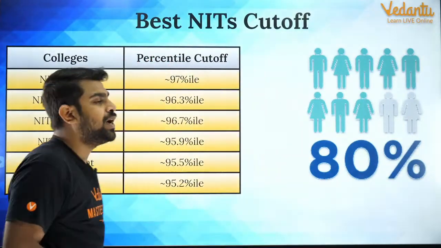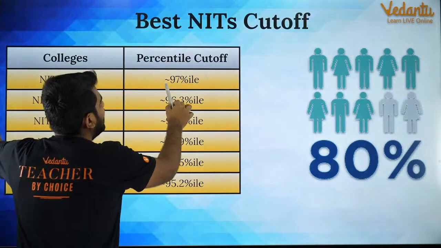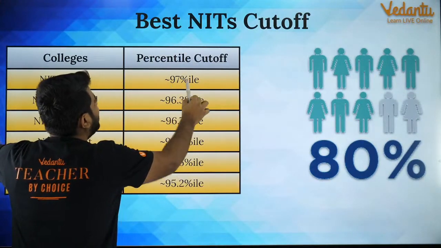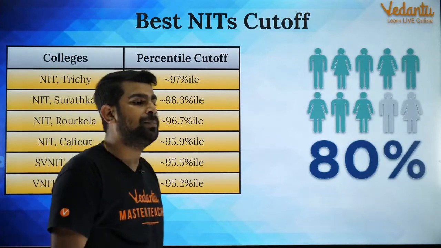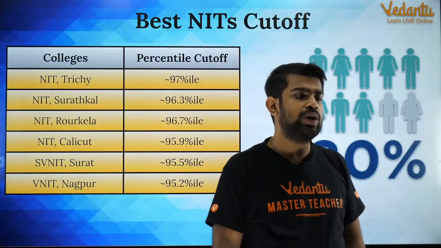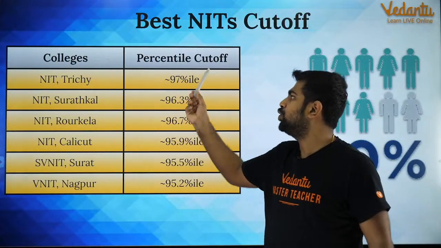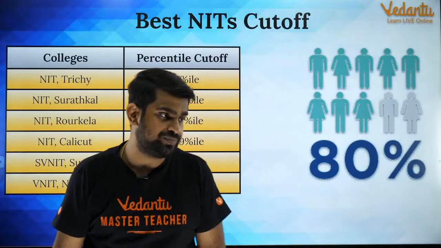For general category, the best NIT is NIT Trichy, and you will get the last branch at around 97 percentile. Yes, it is very difficult to get into NIT Trichy, especially if you are from states other than Tamil Nadu. In Tamil Nadu, you have state quota, but in other states, you don't have that. So 97 percentile is what you have to aim for.